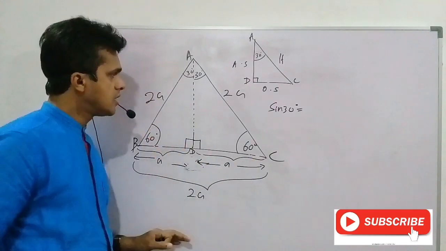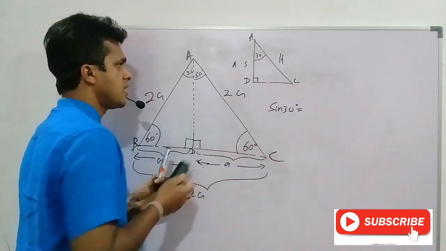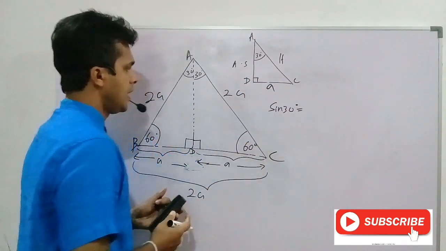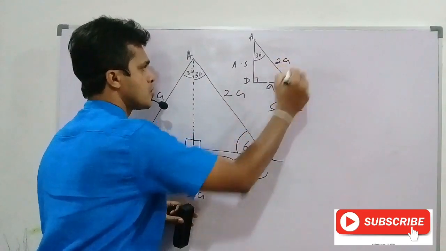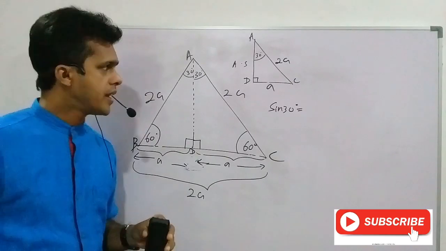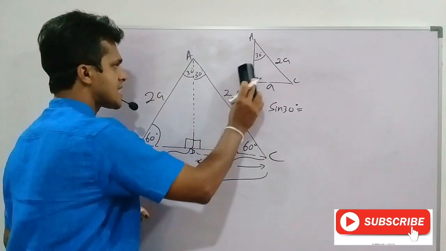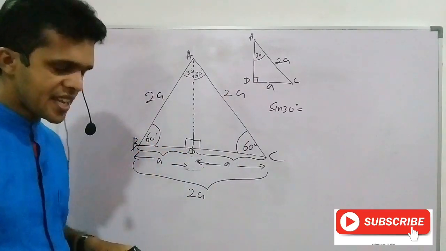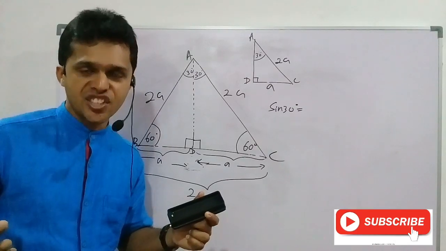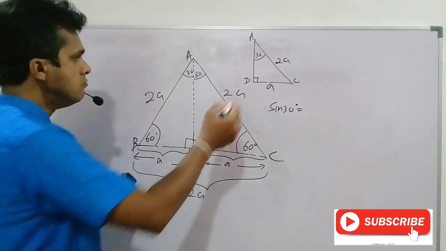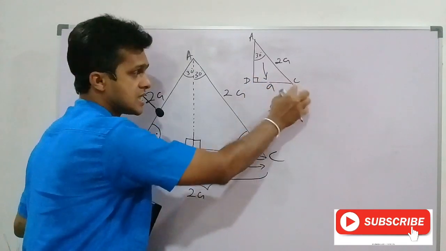Now DC equals a. The hypotenuse of the triangle is 2a. We can find sine 30. What is sine? Sine equals OS over H. This is OS, OS is DC.